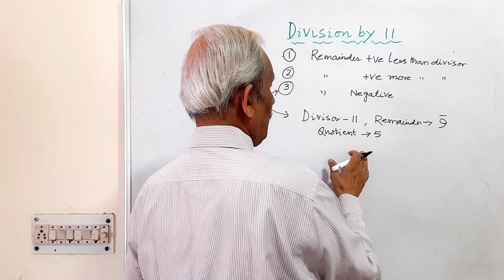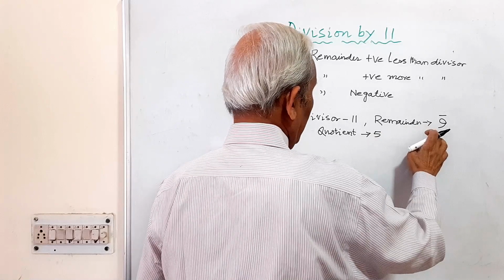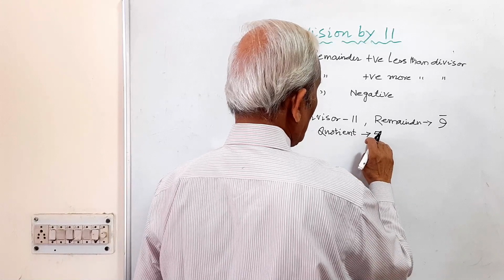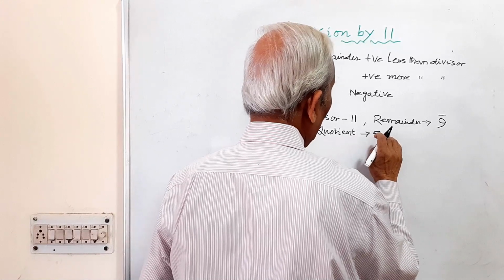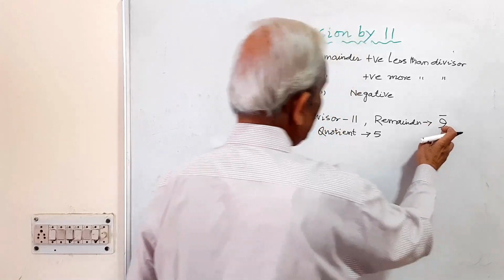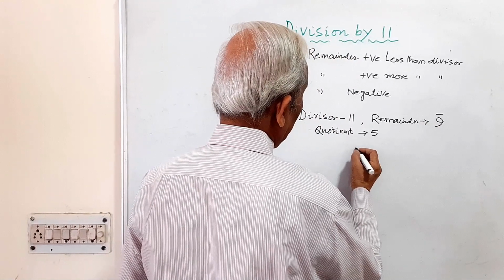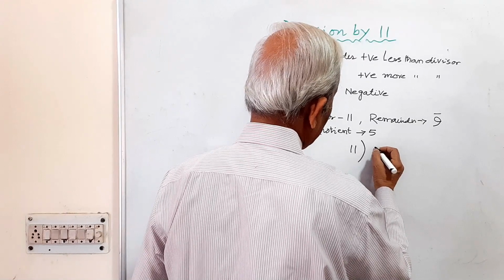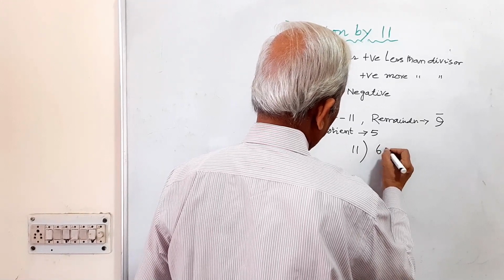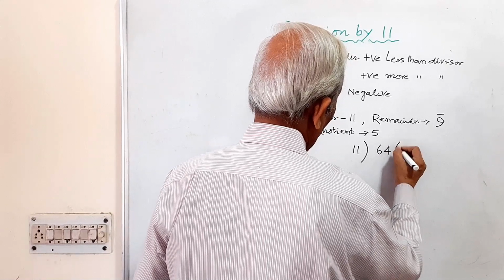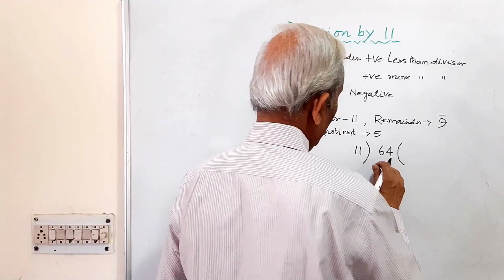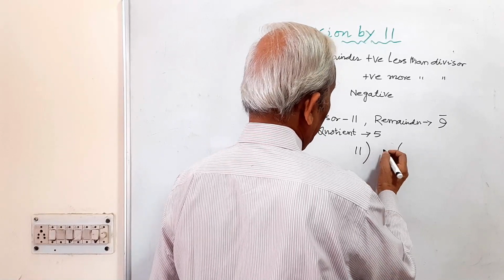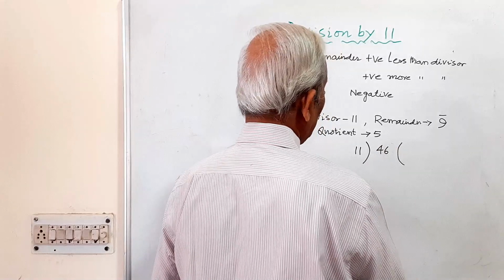Now how we are going to do? Since the remainder is negative, instead of accepting this quotient as 5, reduce this quotient to 4 and add 11 with this. For example, suppose you divide a number like 46 by 11.